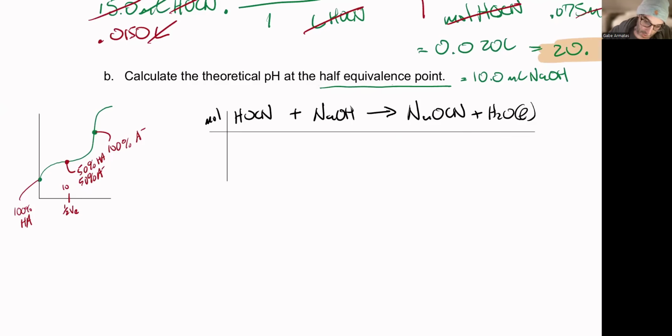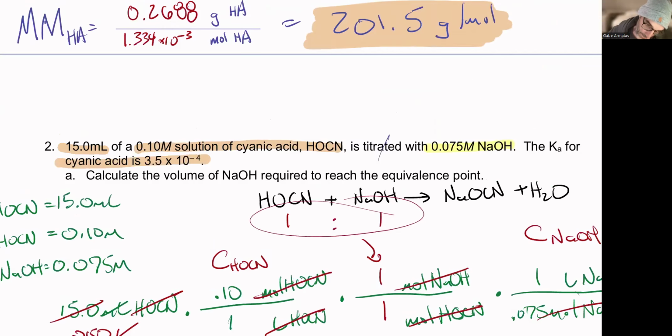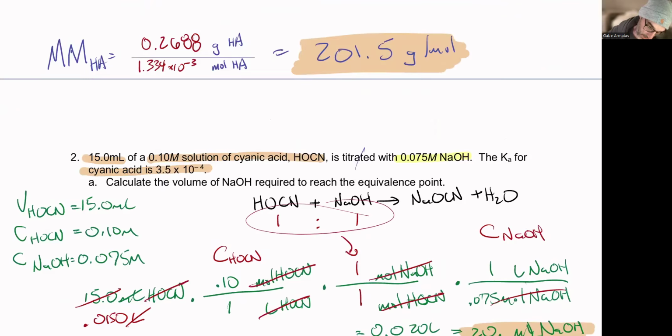So moles. Instead of calling it initial, since it's not an ICE table, I'm going to call it start. I'm going to start with 15 mils of 0.1 molar cyanic acid.